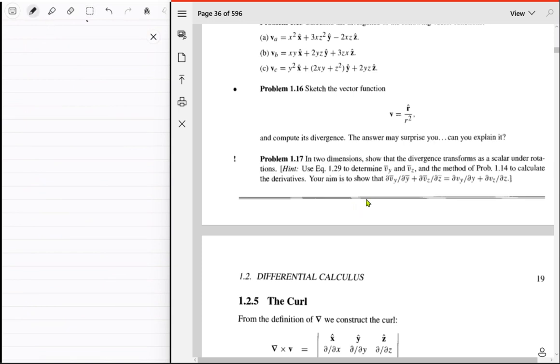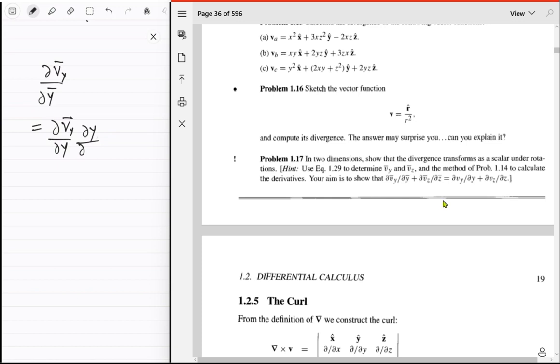Once again, in the same strategy, you have to express this thing in terms of y and z completely. So you can write partial v bar y upon partial y bar. That can be written as partial v bar y upon partial y and then partial y upon partial y bar.